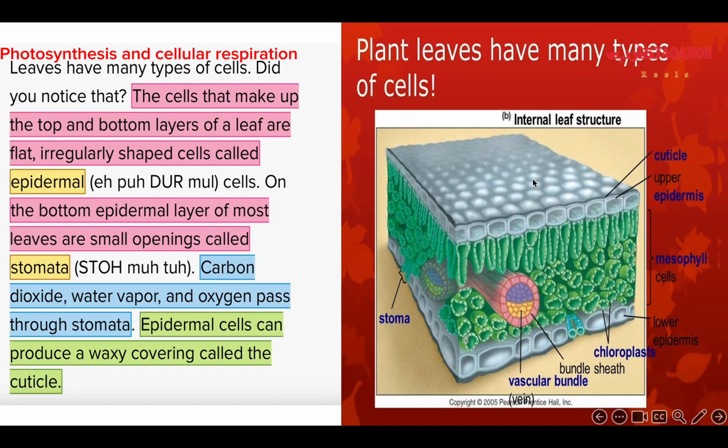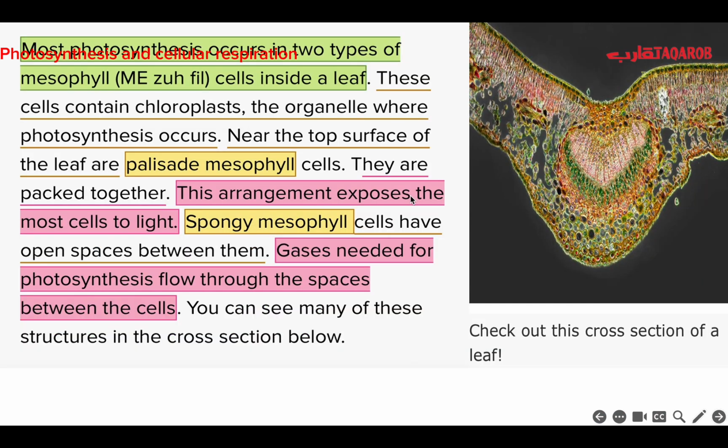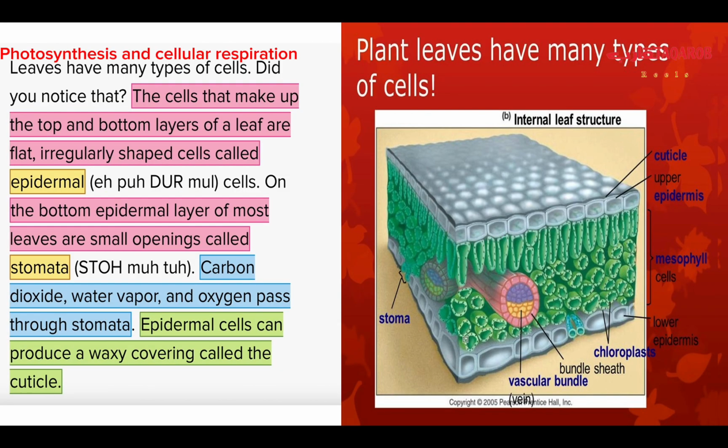Again, this layer is the cuticle layer, the epidermal layer, and these are the palisade mesophyll cells. They are packed together near each other, and here we have the spongy mesophyll cells, with spaces between them.